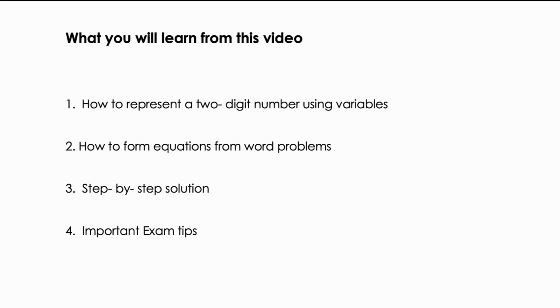So this is very important, so watch till the end of the video. So let's get started on how to solve the two-digit number problems using the different methods like elimination method or substitution method that we have learned earlier.